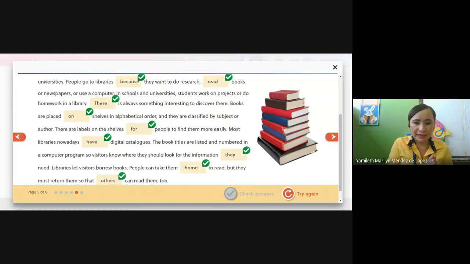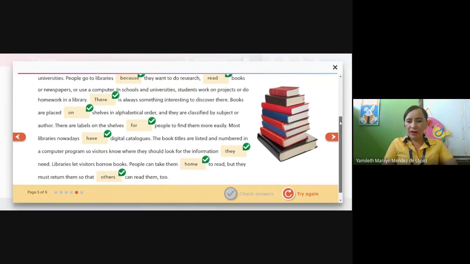Chicos, muy importante que leamos toda la oración para saber cuál es la palabra correcta. No vamos a empezar a decir, people go to libraries, y dejamos a un lado lo que es they want to do research. Y no vamos a saber entonces, ¿verdad? Vamos a elegir al azar. Es muy importante que leamos detenidamente cuando se refieren a ejercicios de esta manera.